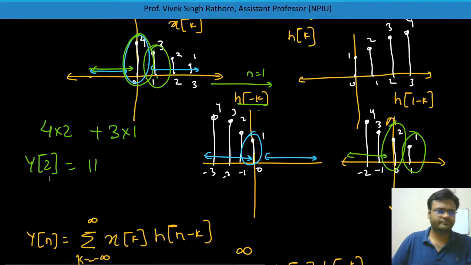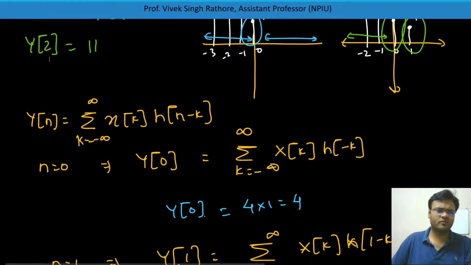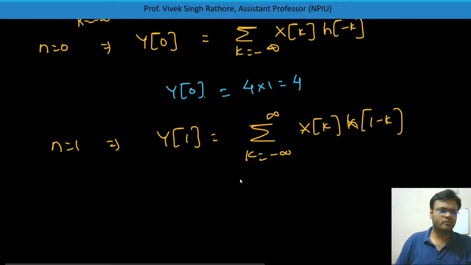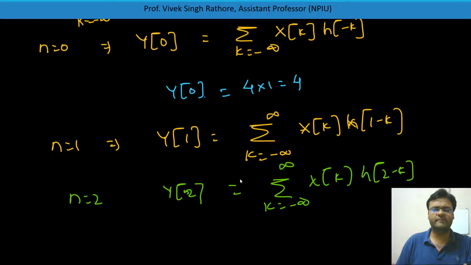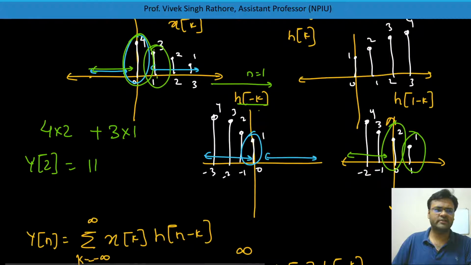So see, for y[0] you also get a value. For n = 2, what you will do: the sum over k from minus infinity to infinity of x[k] h[2-k]. It means that this h[-k] will be shifted by 2. Again for n = 3, you are shifting h[-k] to the right hand side and multiplying.